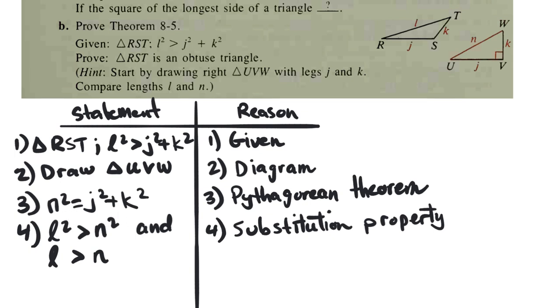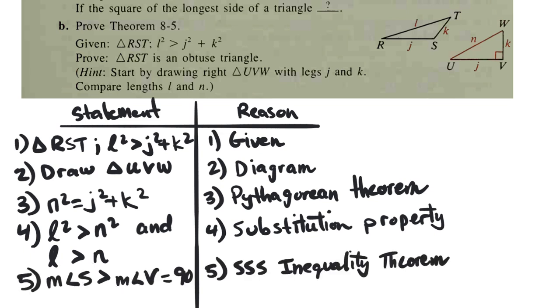That means that L squared is greater than N squared, because we're substituting. Instead of writing j squared plus k squared right here, we're writing N squared. So L squared is greater than N squared, and if we take the square root of both, L is going to be greater than N as well.